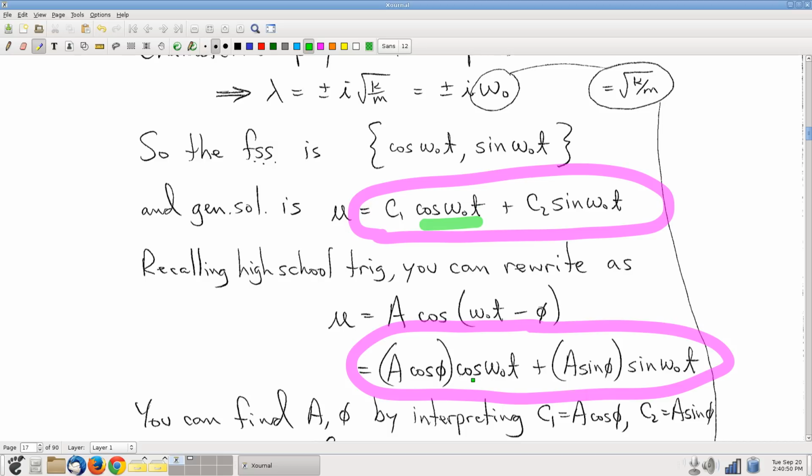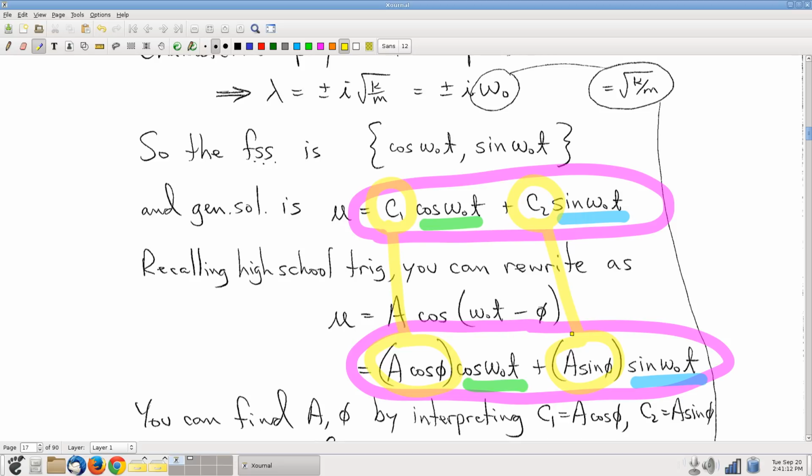You see that there's a cosine omega naught t, sine of omega naught t in both of these. And so this is accomplished simply by C1 being A cosine phi and C2 being A sine phi. It's a nice little observation there, a slick little bit of trig.